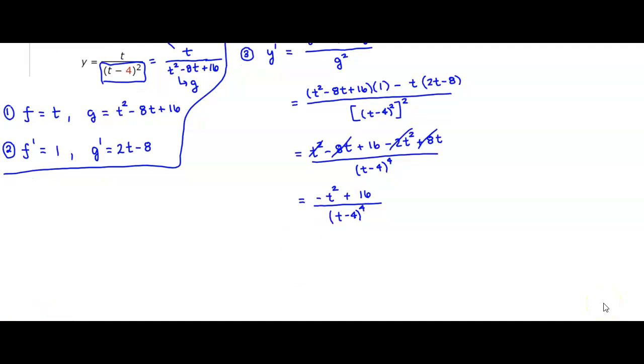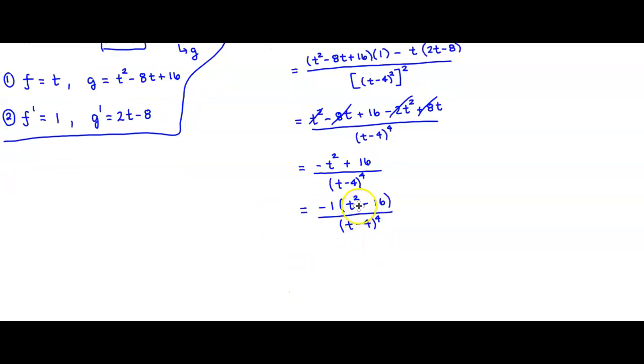Okay, so let's factor out the negative in the numerator. So if we factor out a negative 1 in the numerator, then we end up with t squared minus 16 over t minus 4 to the 4th power.